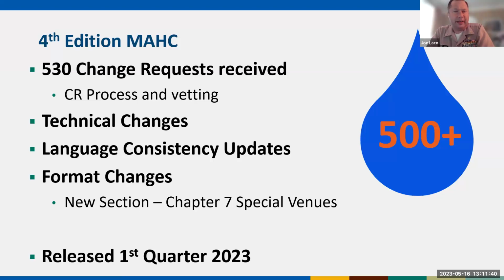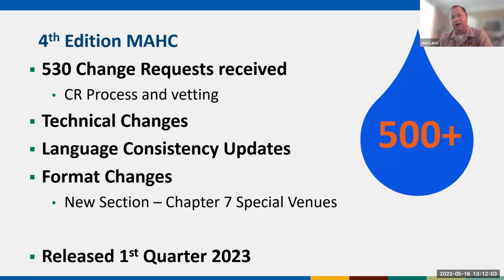So we tried to wrap up a lot of those and clean it up from a consistency standpoint. And we also had a new chapter added at the end. You guys know that the previous MACs have had 6 chapters. Now we have a chapter 7, and this will allow us moving forward in future editions of the MAC to add special venues. For example, the section on float tanks is now in chapter 7.